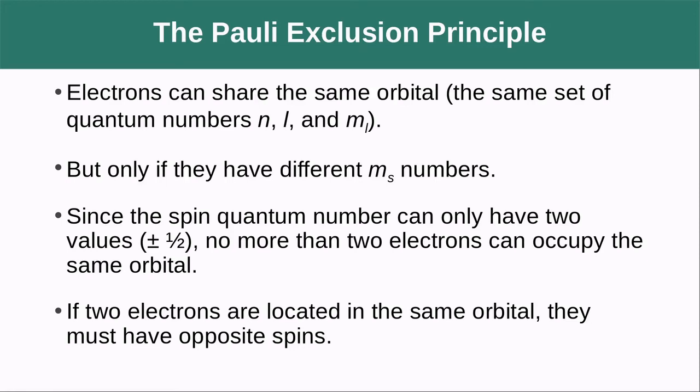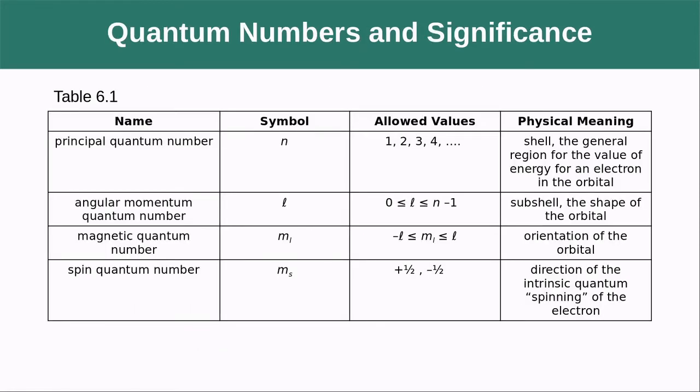It doesn't have to have 2 electrons. It could have 1 electron in it, but can't fit more than 2. If 2 electrons are located in the same orbital, they must have opposite spins. So here's a nice little table that is summarizing the allowable values for n, l, ml, and ms.